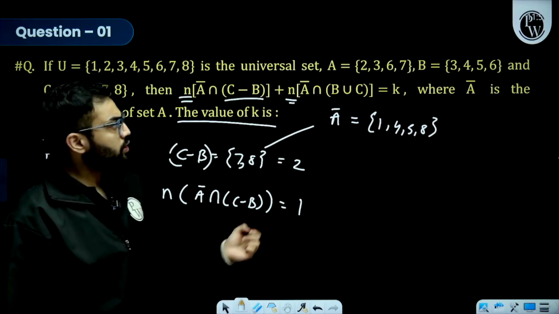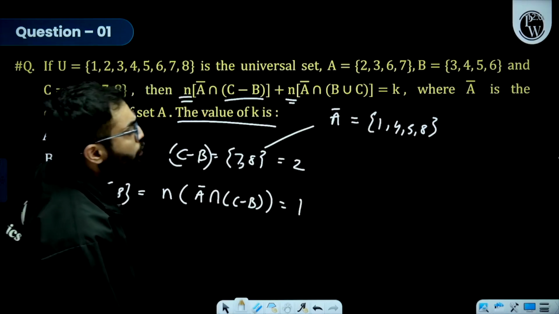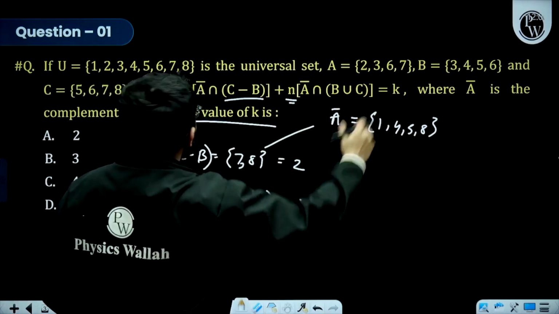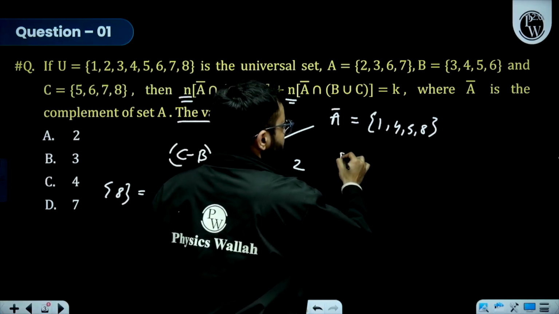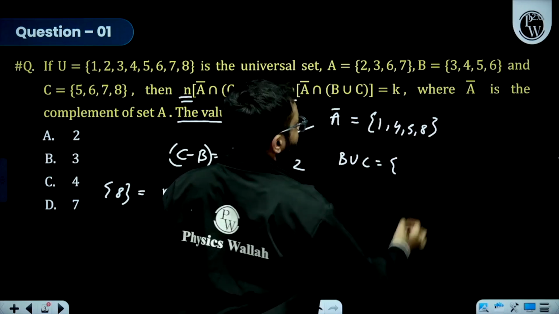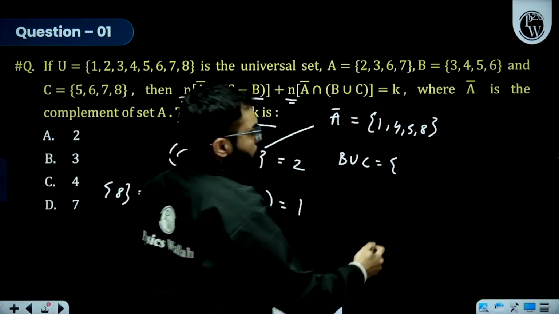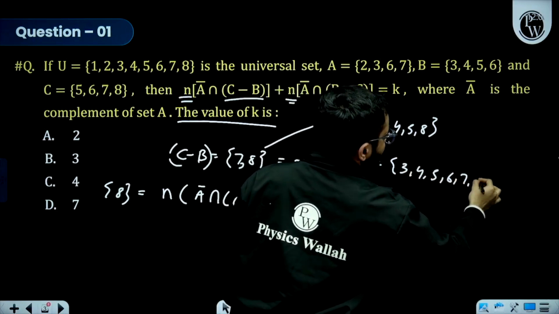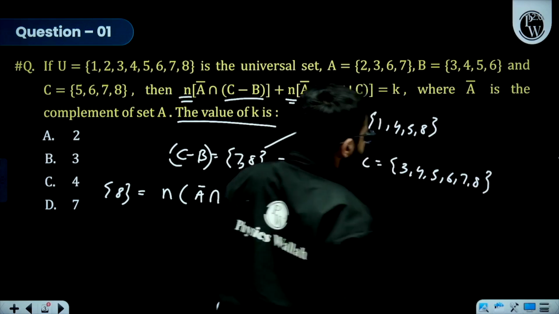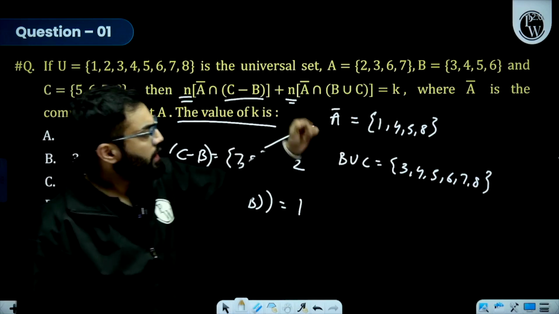Similarly, we can resolve the other term as well. B union C, where B is 3, 4, 5, 6 and C is 5, 6, 7, 8, is 3, 4, 5, 6, 7, 8. And we need to take its intersection with A complement.